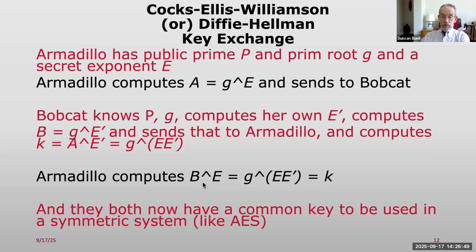Armadillo gets B and computes B to the E, which is G to the EE prime, which is K. So at this point, both Armadillo and Bobcat have the same key K, and without solving the discrete log problem for these primes, this is secure.